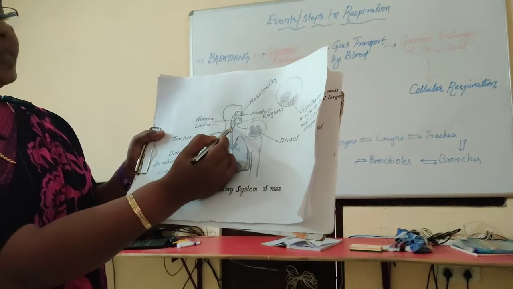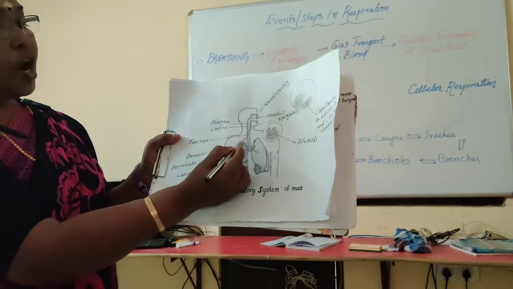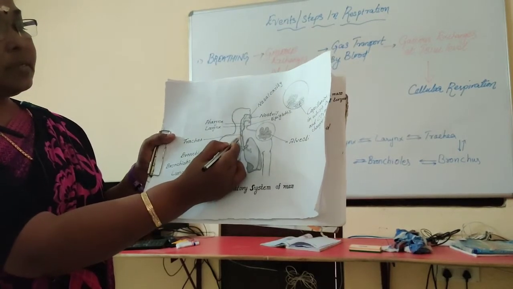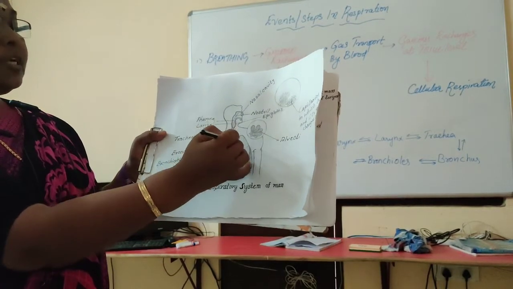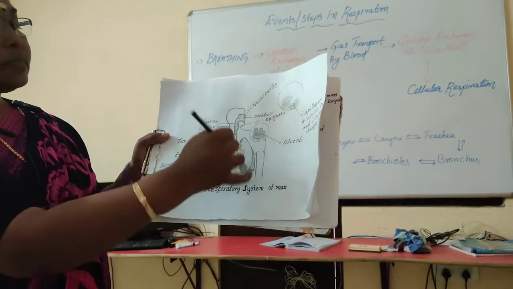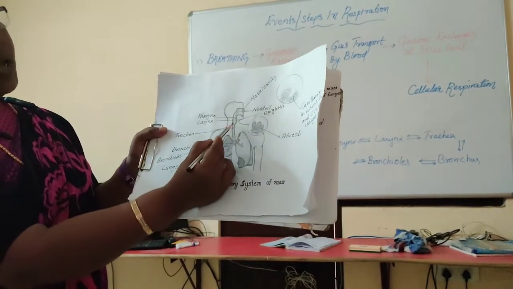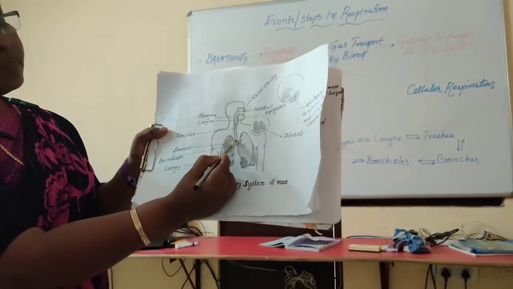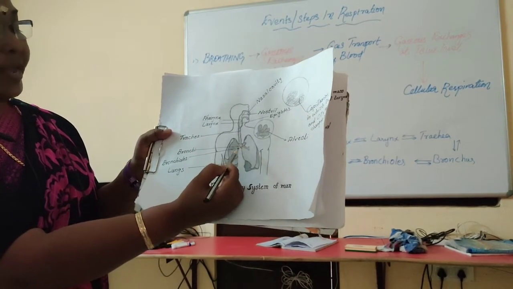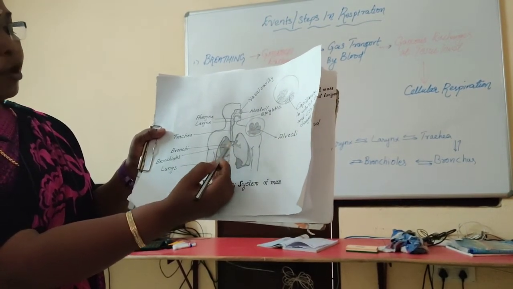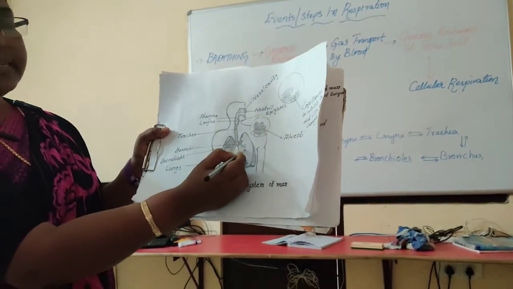From there, the next extending part is a tube-like structure called the trachea, or windpipe. Through this, the air goes on its way to the lungs. At the base of the trachea, the tube is divided into two branches, or bronchi, and each leads to one lung.